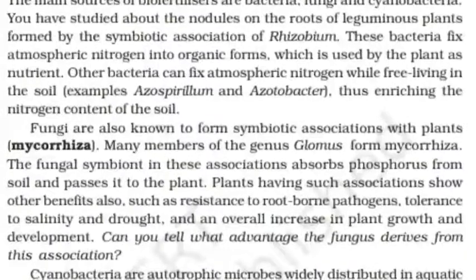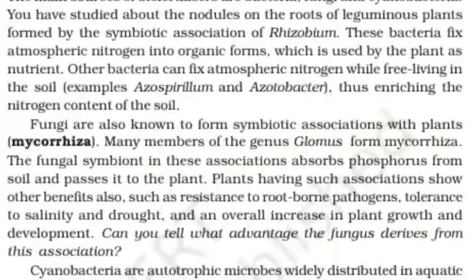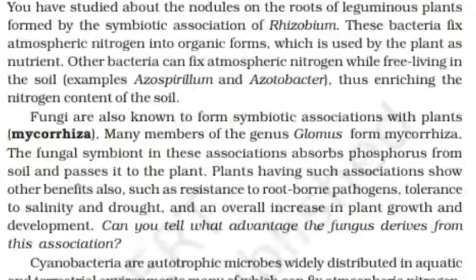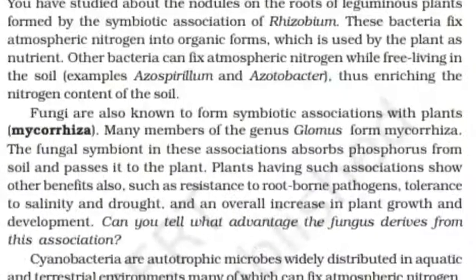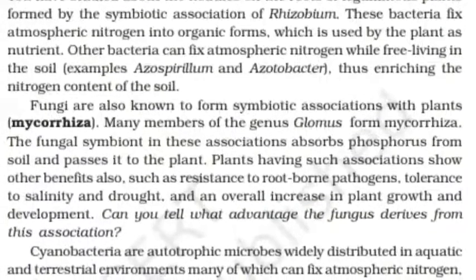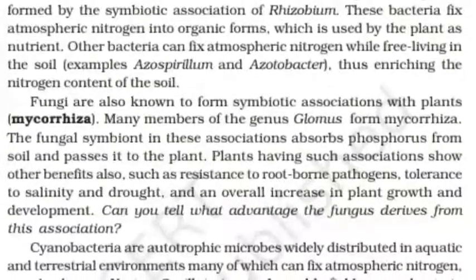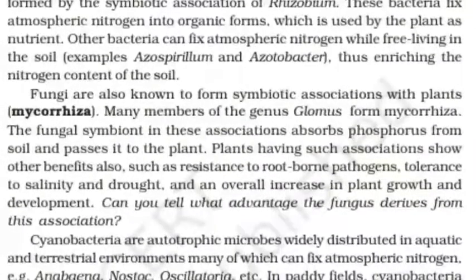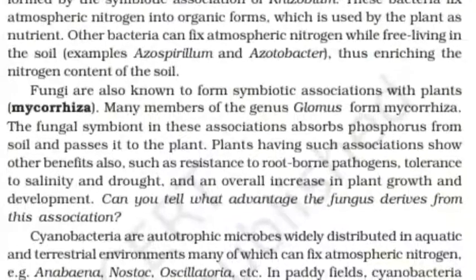Fungi are also known to form symbiotic association with the plant, called mycorrhiza. Many members of the genus Glomus form mycorrhiza. The fungal symbiont in this association absorbs phosphorus from soil and passes it to the plant.